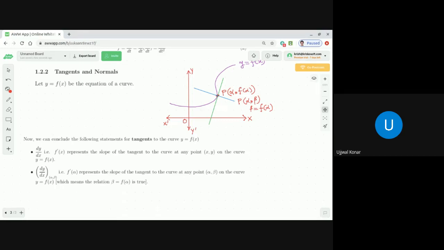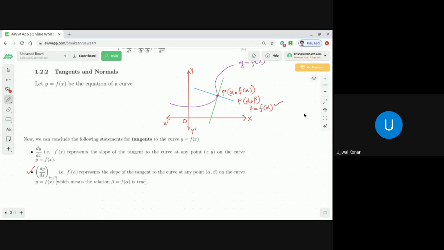And the second statement is that dy/dx at the point (alpha, beta), that is f'(alpha), represents the slope of the tangent to the curve at the point (alpha, beta) on the curve y equal to f(x). So beta is equal to f(alpha), as I wrote here also.